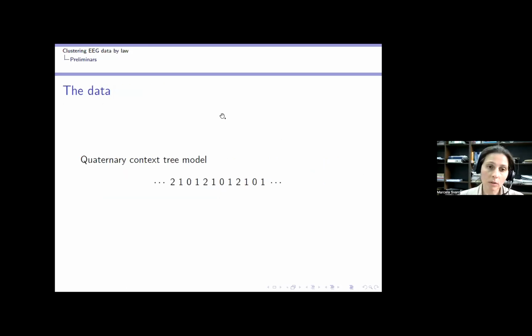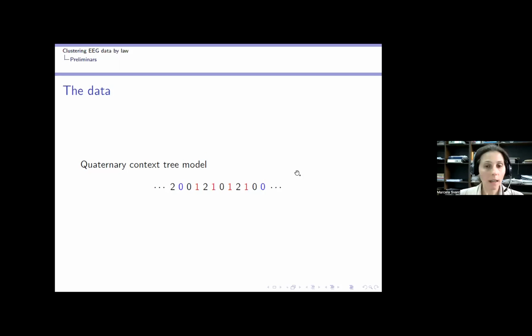So we are going to focus on the quaternary context tree model, where we have a strong beat followed by a weak beat, followed by a silent unit, and followed by another weak beat. The strong beat and the silent unit are permanent positions. They always appear, while the weak beats can be replaced with probability 1 minus epsilon by a silent unit. So from time to time you will see a silent unit, and otherwise you will see a weak beat.